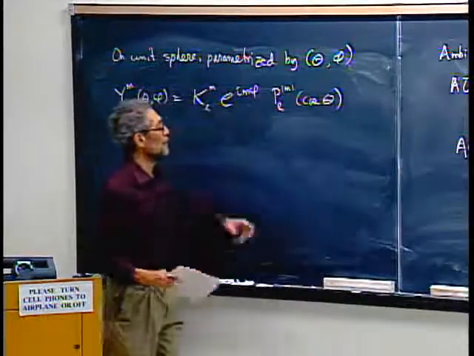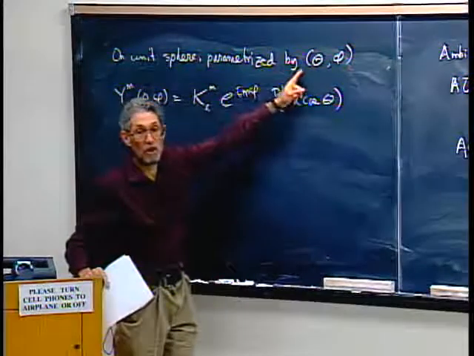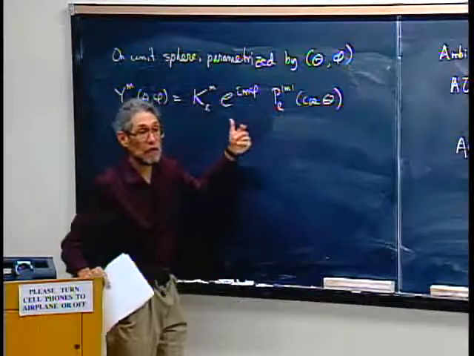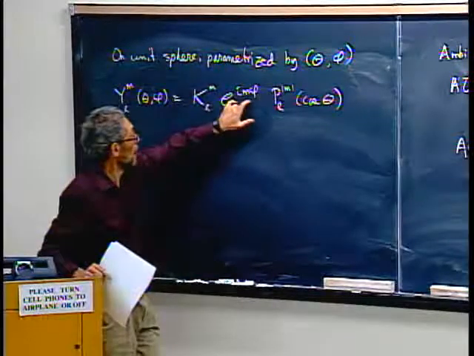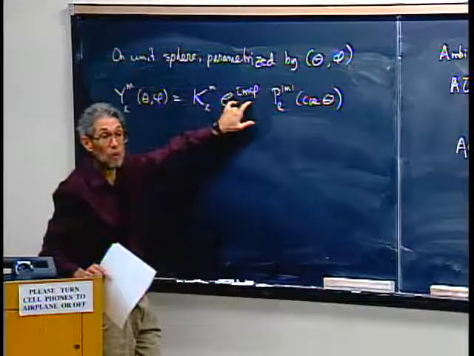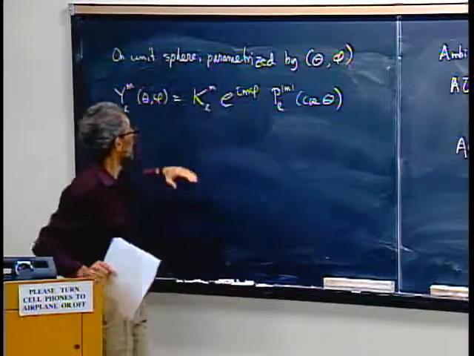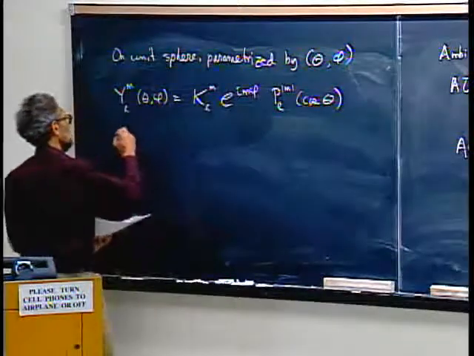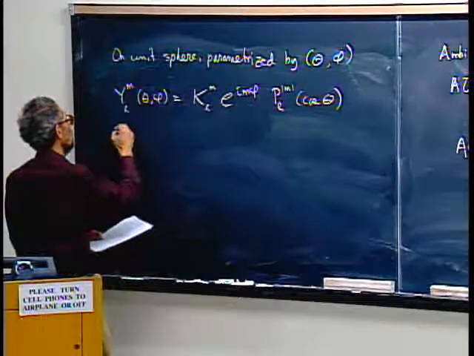So in terms of the x, y, z coordinates, cosine theta will be just the z coordinate. And it turns out that these polynomials in phi sort of give you the x and y coordinates of the point. Let's see. Actually, these are complex. I'll write the real form in a minute.